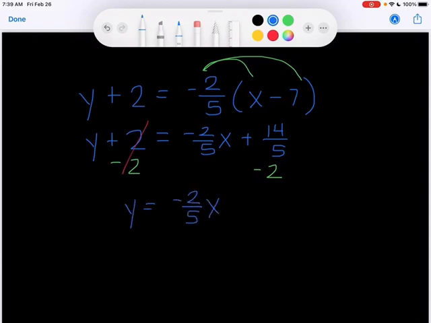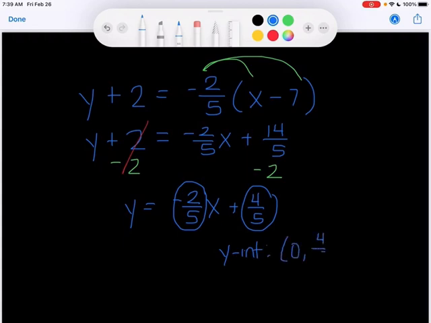And then you can either do it by hand or you can grab your calculator and type in 14/5 minus 2. And you get positive 4/5. Okay. So as you can see, our slope is still negative 2/5, but you can also tell that our y-intercept is 4/5 here. And as an ordered pair, that would be 0, 4/5.